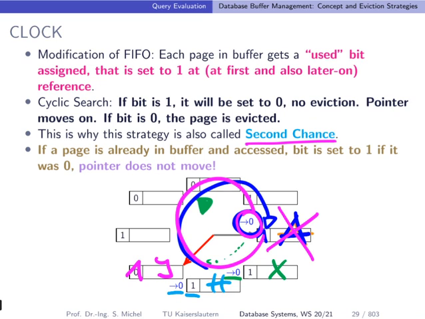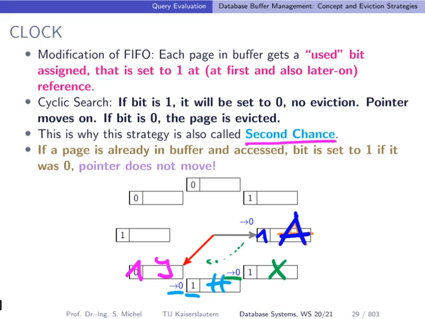It is important to note that if a page is in the buffer, so let's say we have this situation here. A is in the buffer and it has a 0 bit, doesn't really matter now. In case there is an access to page X, then we load X from the buffer, but there's no movement of the eviction pointer.